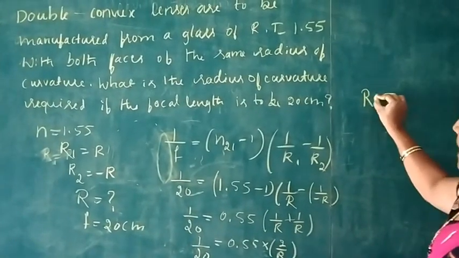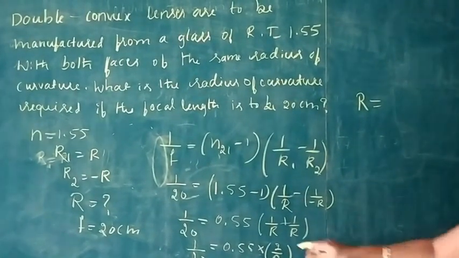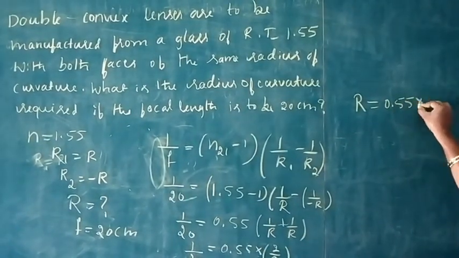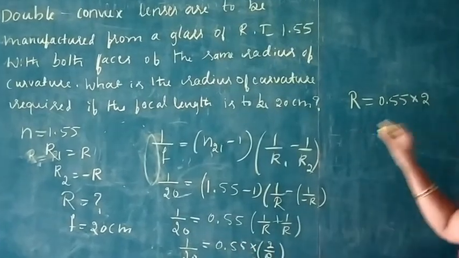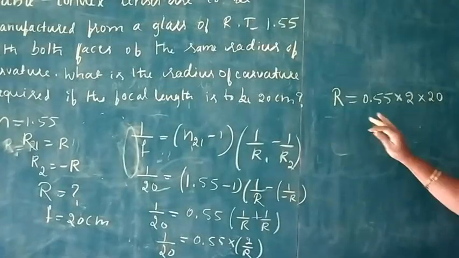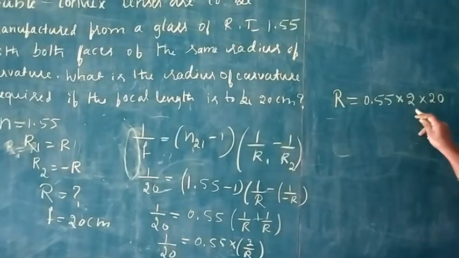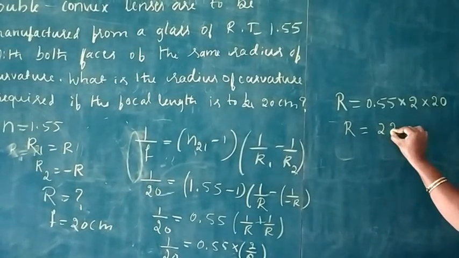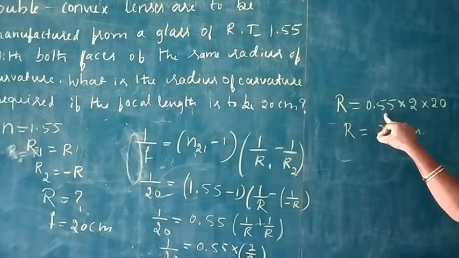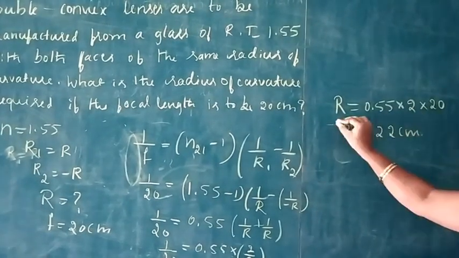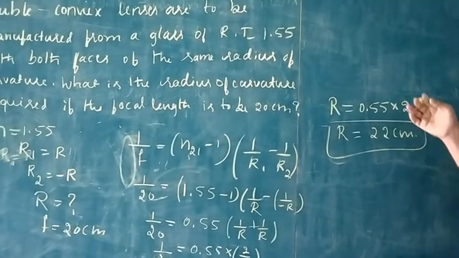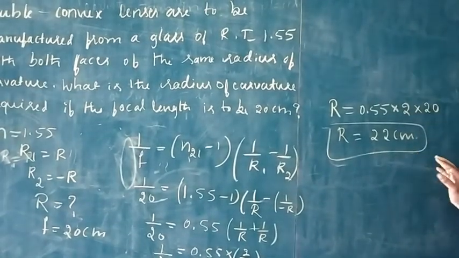By cross multiplying we get R is equal to 0.55 into 2 into 20. So R is equal to 22 centimeters. So the radius of curvature of this double convex lens is 22 centimeter.